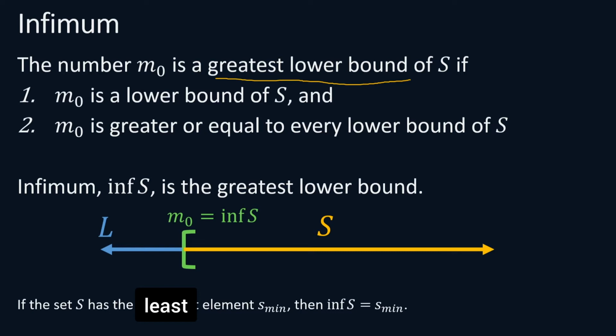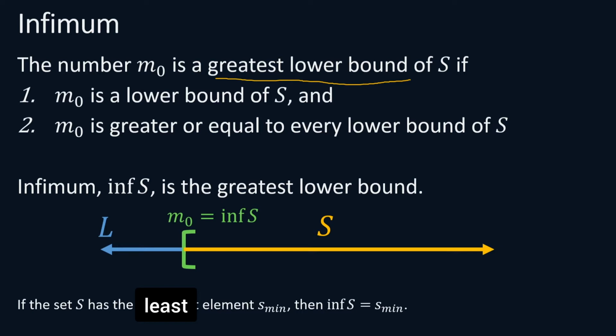In symbols, we write inf, and we write the symbol for the set. There are cases when the infimum is not an element of S, but whenever the infimum is an element of S, then we say that this infimum is in fact the least element of the set S.